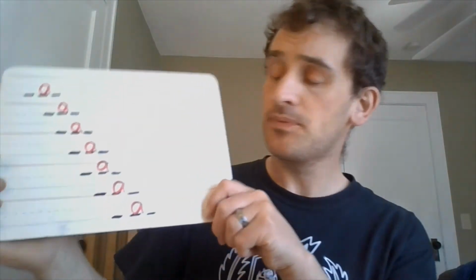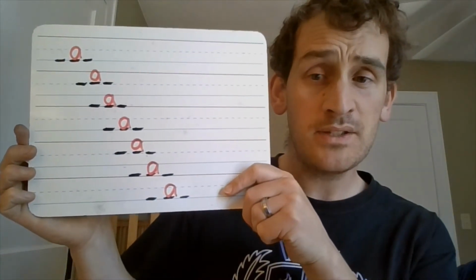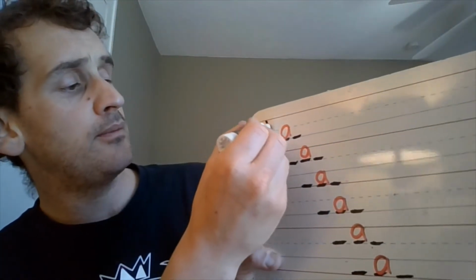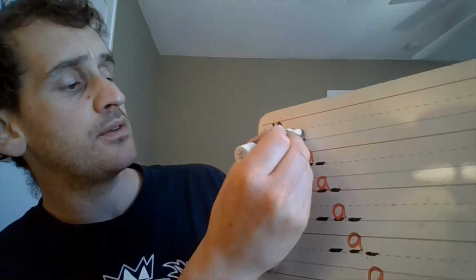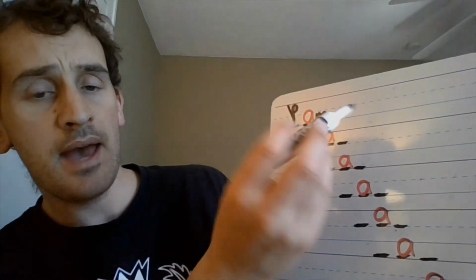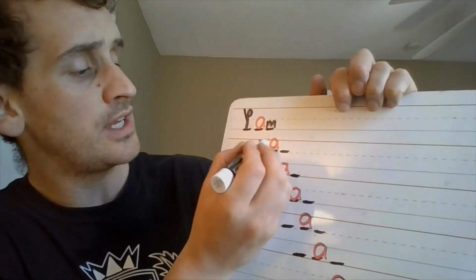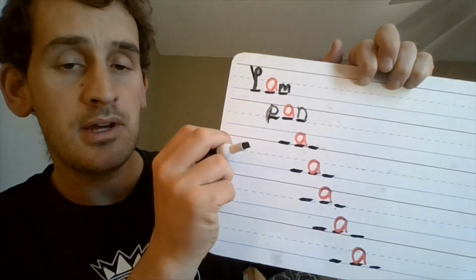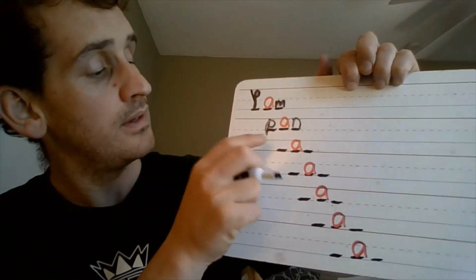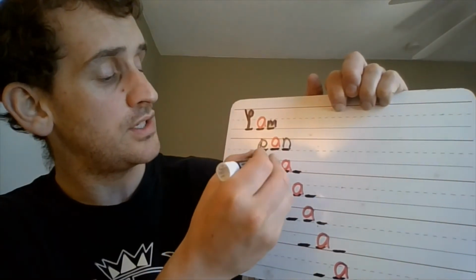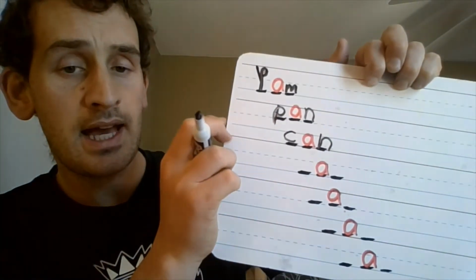Let's take a little look at some sound boxes to practice decoding words. Ready? So, if I put Pam first, we get P-A-M. Pam. Then I can change this by changing the last sound. What would I change here? I could change it to K-A-N and get can.